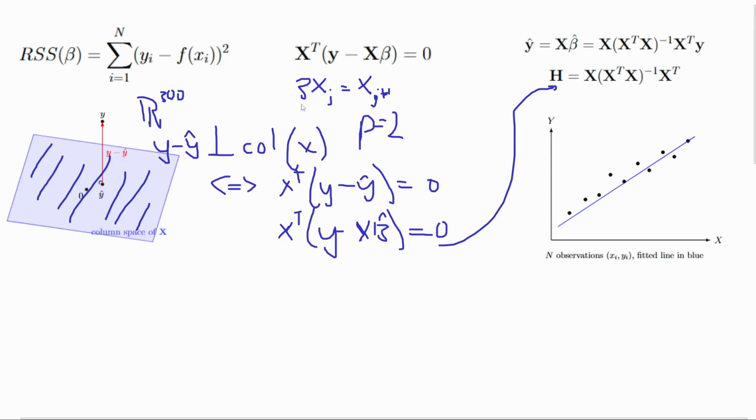If one column is a linear combination of the other, then this column space is no longer 3-dimensional. Maybe it's 2-dimensional. However, that does not prevent you from still projecting your solution down onto your column space. All that does is prevent you from having a unique solution. So now there are infinitely many betas which can land on this space. This is because this column space has, quote unquote, lost a dimension.